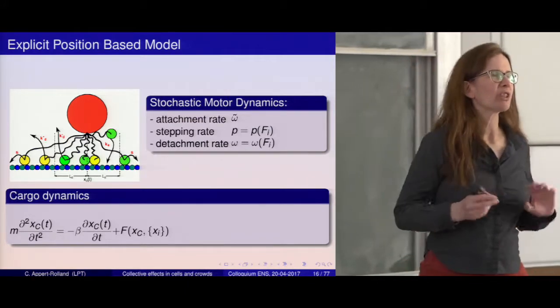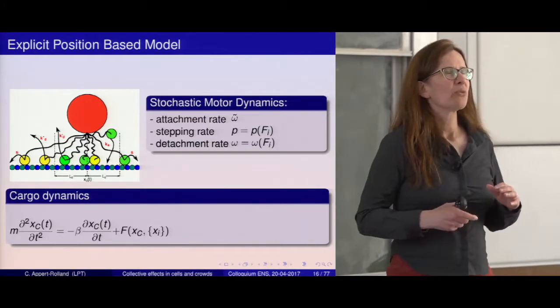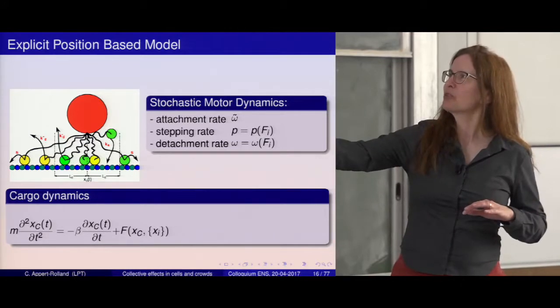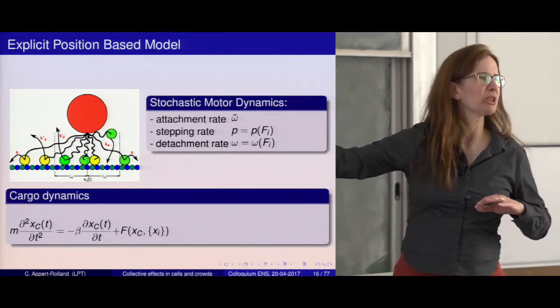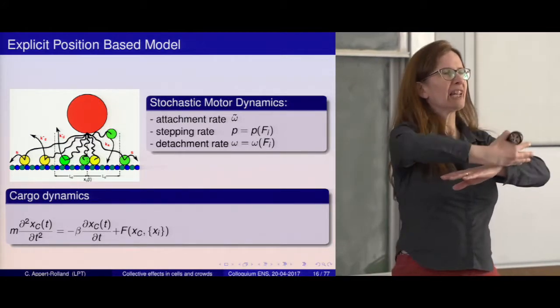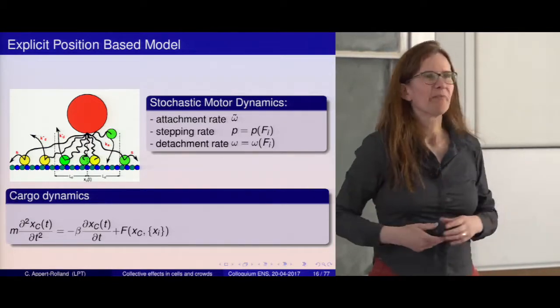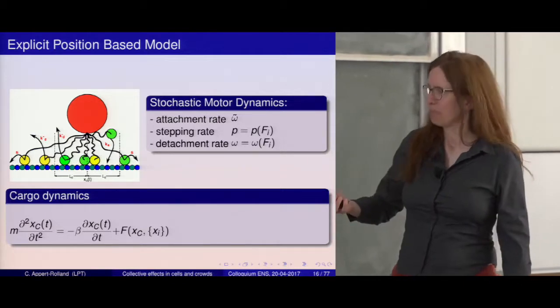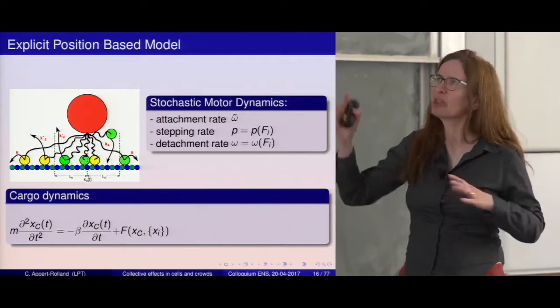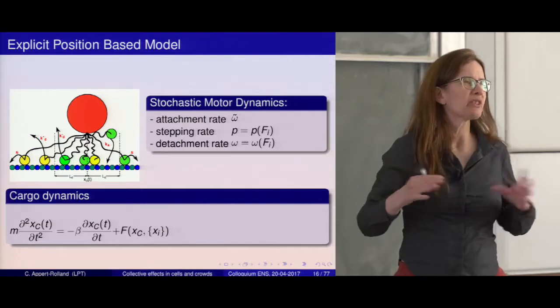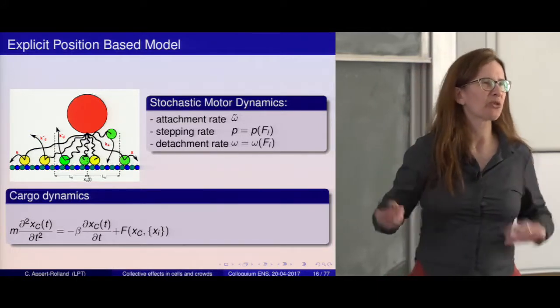It will not change my results qualitatively. We chose to say that they can cross because here we have a single filament, but actually on the microtubule you have parallel tracks, and they could somehow be on parallel tracks. So we have no exclusion, but we have checked that putting some exclusion will not change the conclusions.